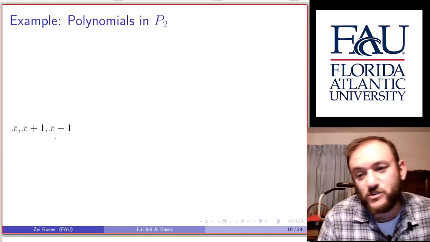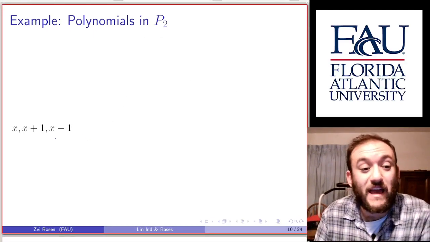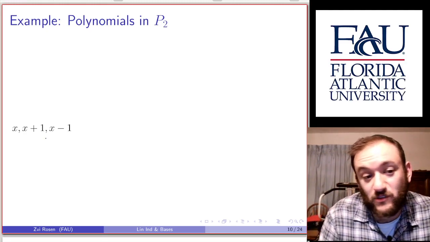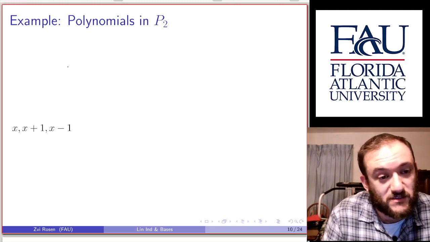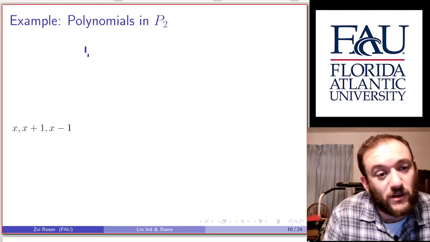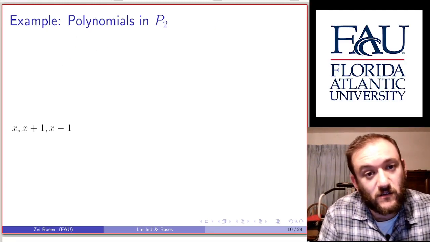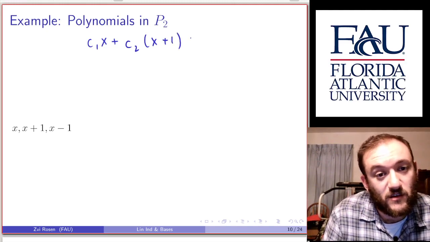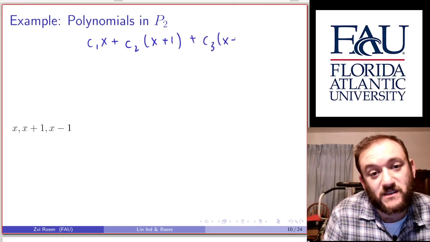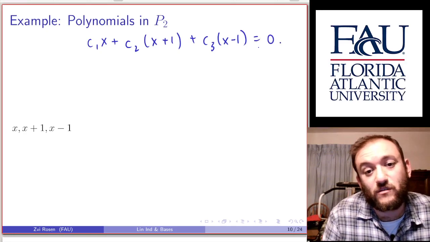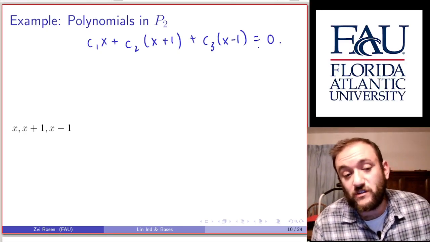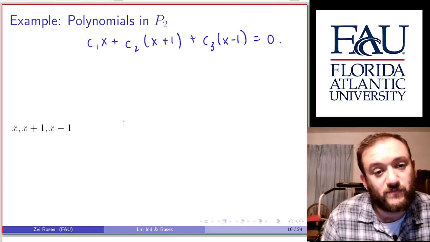So now we want to determine whether x, x plus 1, x minus 1 is linearly independent or linearly dependent in this space. So we consider c1 x plus c2 (x plus 1) plus c3 (x minus 1) equals 0, and we're going to see if we can find a non-trivial solution or if all of the solutions are trivial.